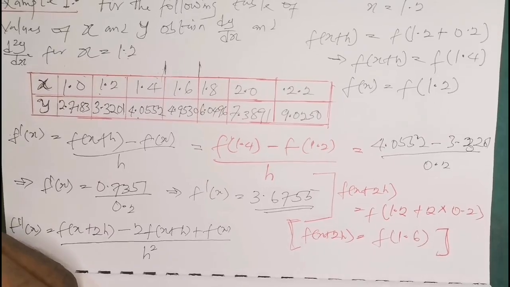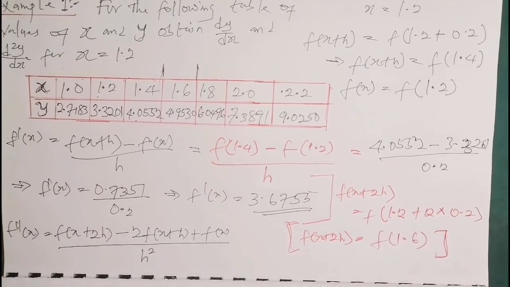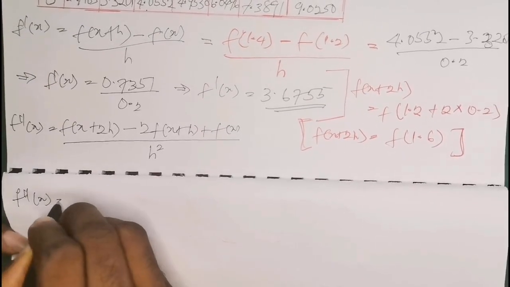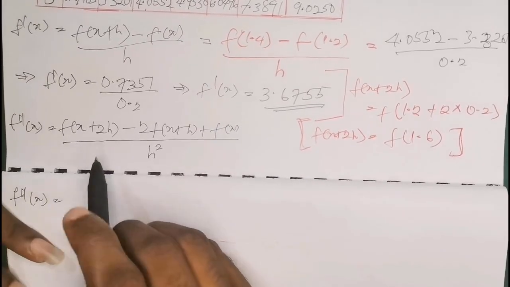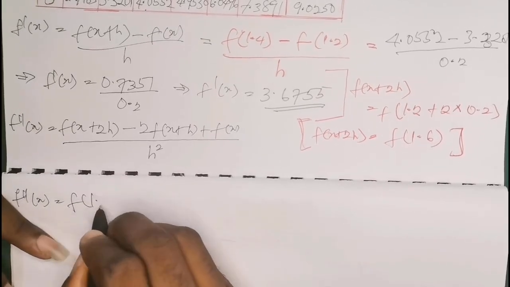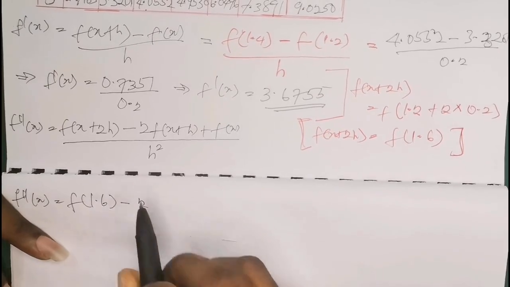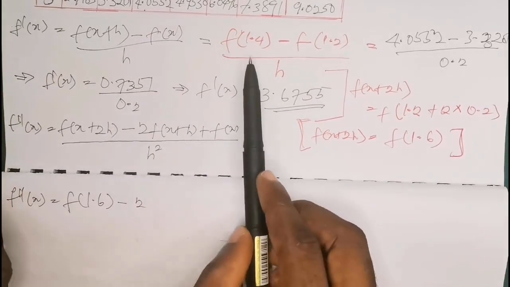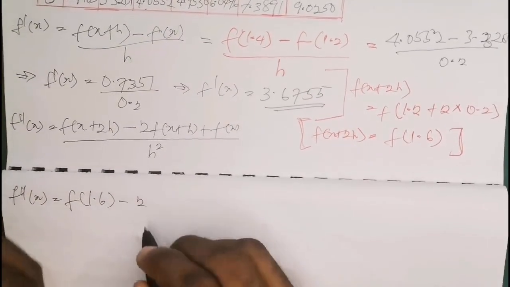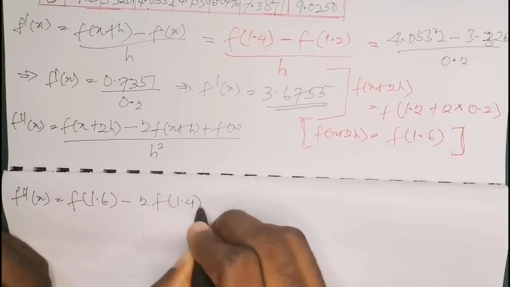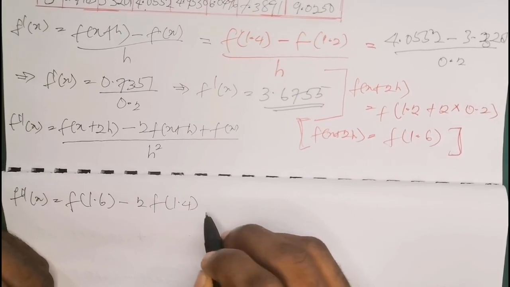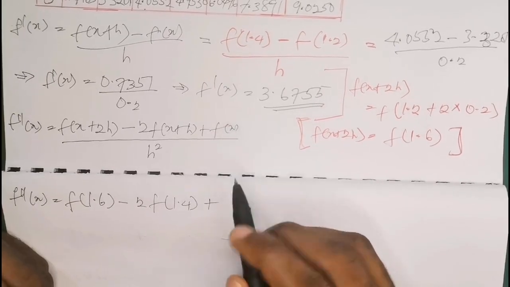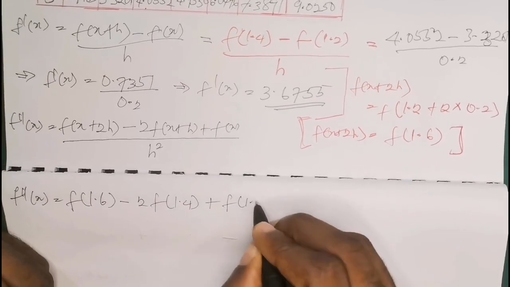Okay, now let's plug this whole value into this formula. So the double derivative f prime prime of x is now going to be equal to f of x plus 2h, which is simply f of 1.6, minus 2 times f of x plus h, which we already obtained earlier to be f of 1.4, so minus 2 times f of 1.4, plus f of x, and x itself, which is the point of interest, is 1.2, so plus f of 1.2.